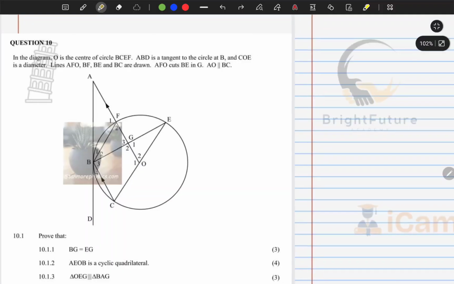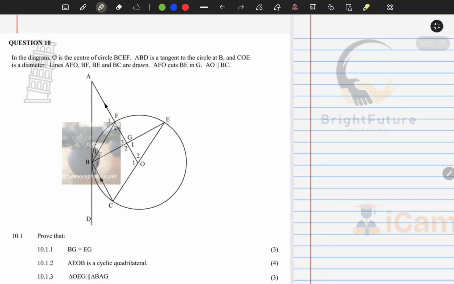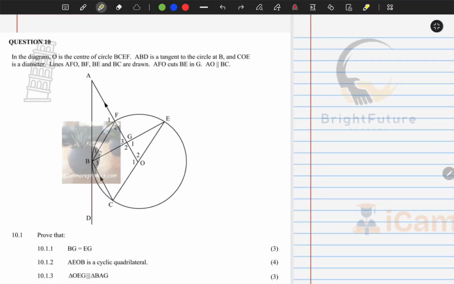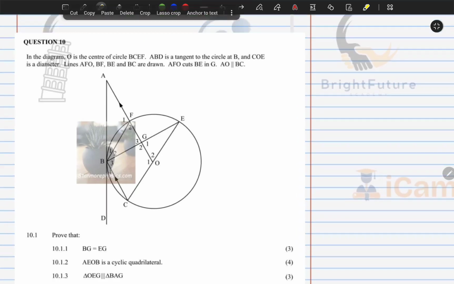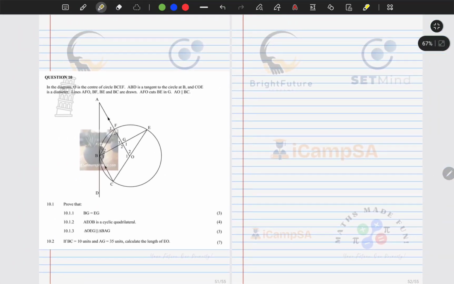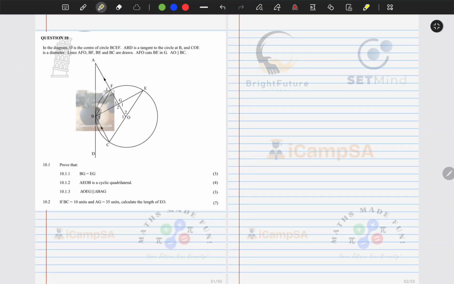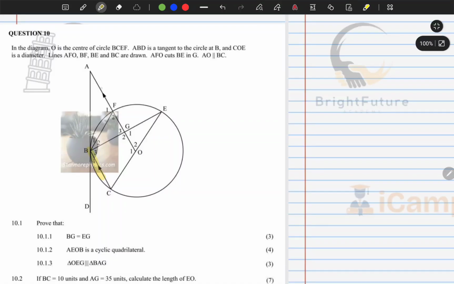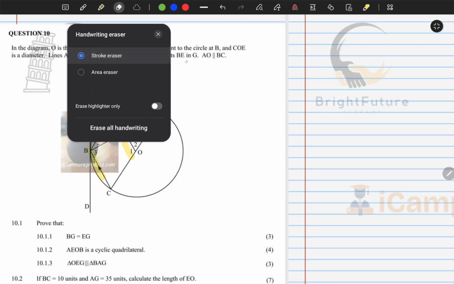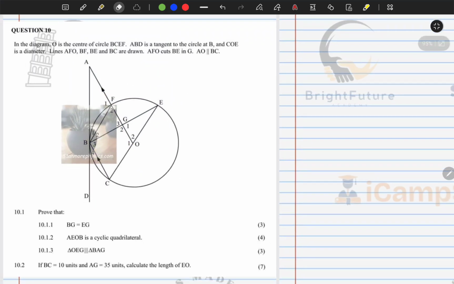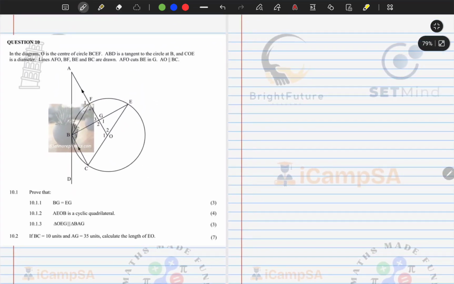Then they tell us ABD, that is the tangent, and they give us parallel lines, which they also indicate here. But let's go and read what we are required to prove here.